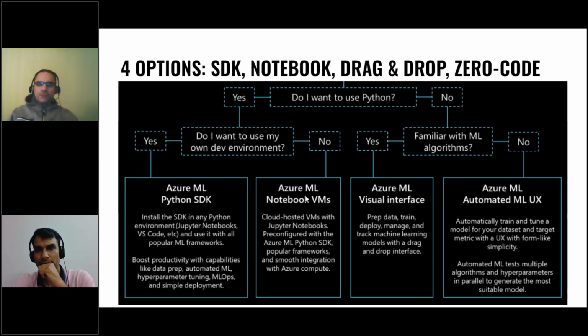However, if you're not comfortable writing code in Python, you can have either the Azure Machine Learning visual interface where you just drag and drop and connect boxes, or you have the fully automated machine learning capabilities where you just dump the data and Azure does the rest for you. These two no-code capabilities are currently in preview mode on Azure Machine Learning Service, but they're going to be fully mature in no time.